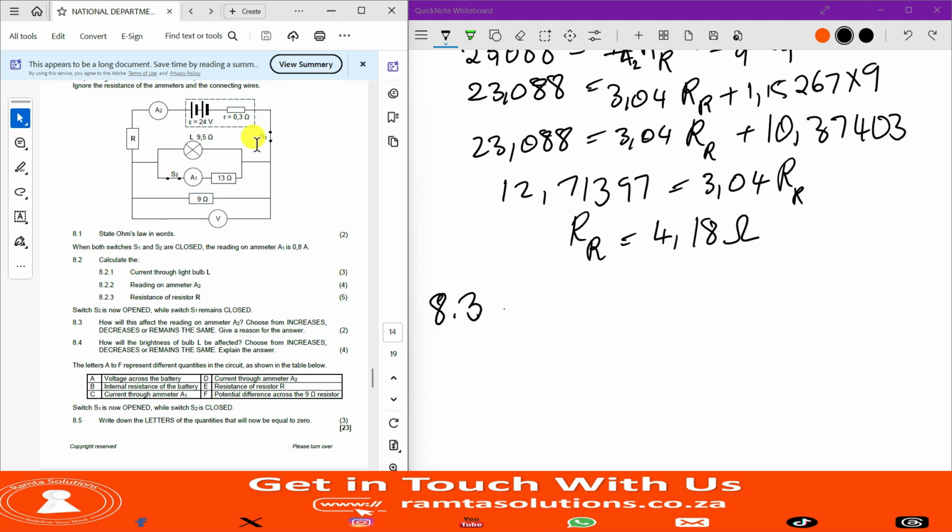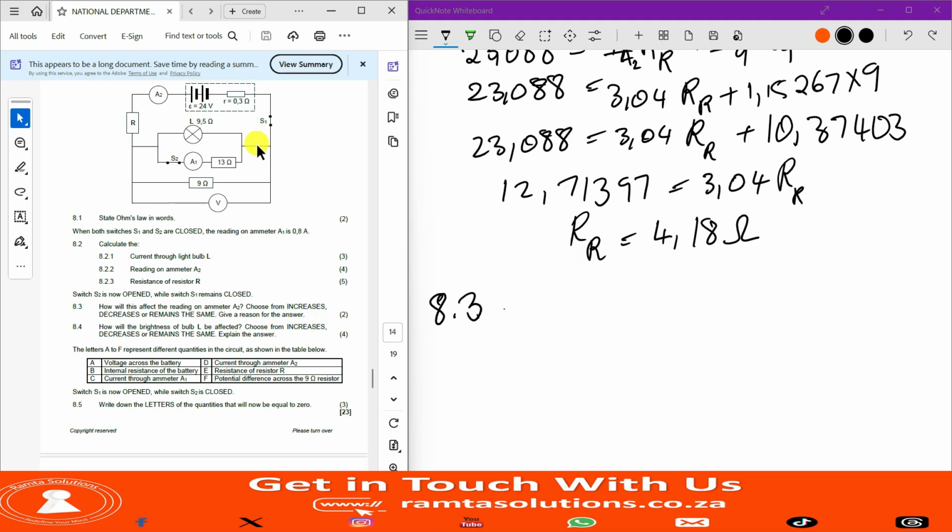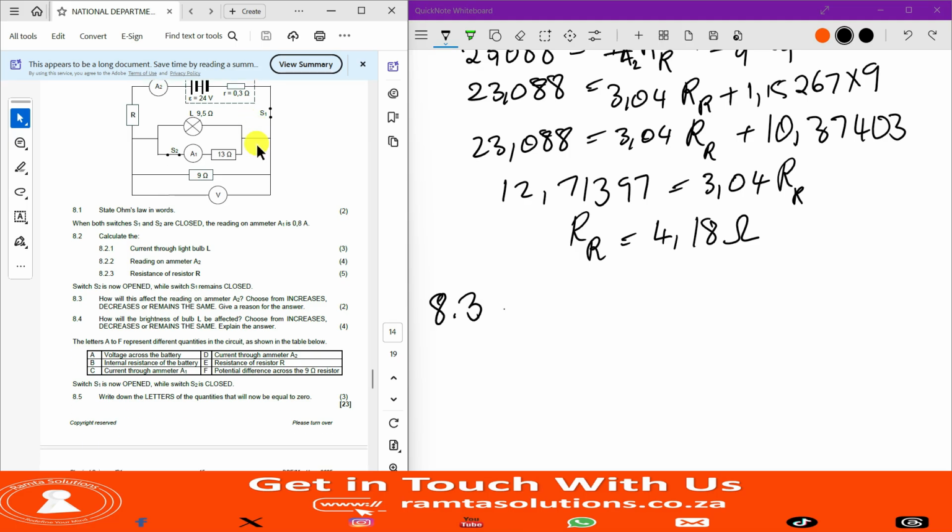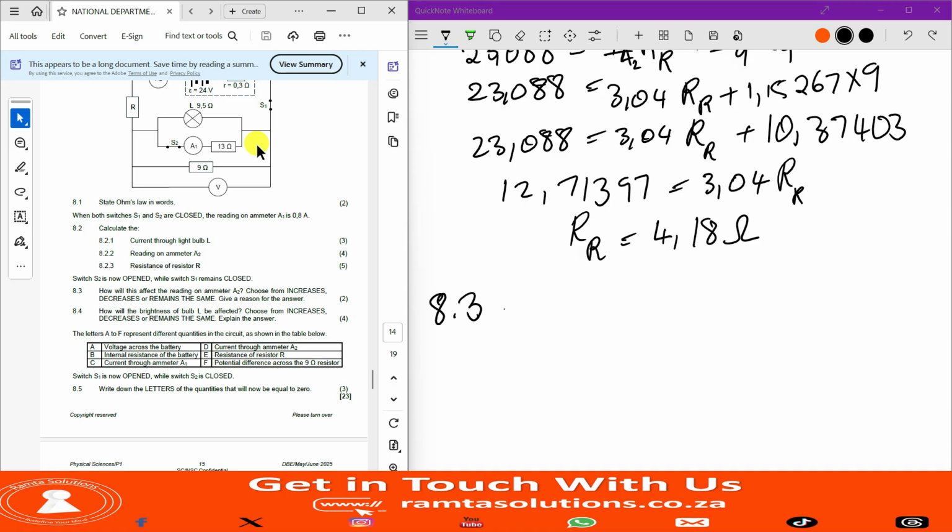If S1 remains closed, current will be flowing. How will this affect the reading on ammeter A2? They say choose from increases, decreases, or remains the same. When switch S2 is opened, this will no longer be a parallel combination.